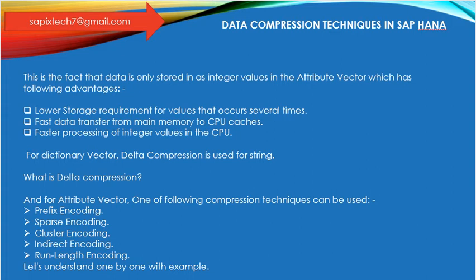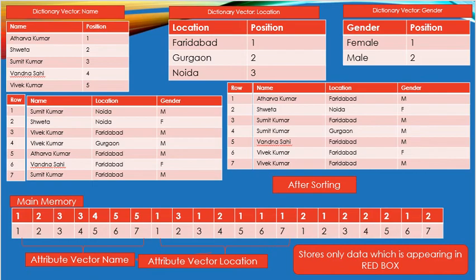That's why I said, before moving further, in my last videos I shared one hypothetical data set with all of you. We have a table in which Sumit Kumar, Shweta, Vivek Kumar, Athar, Vandana, Sumit is the data in my table, and it is being stored in a database in a column format.